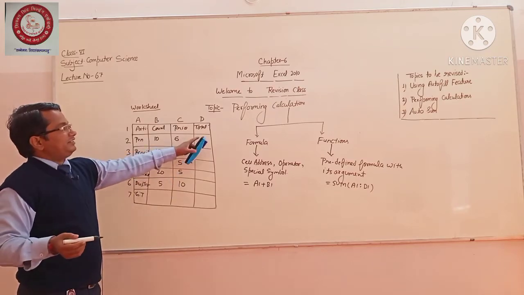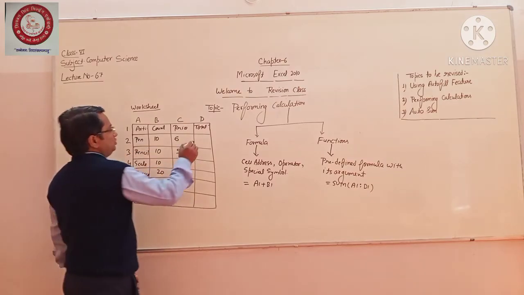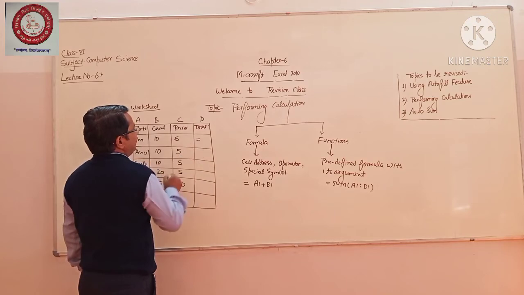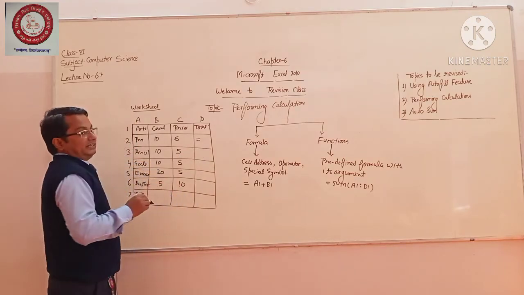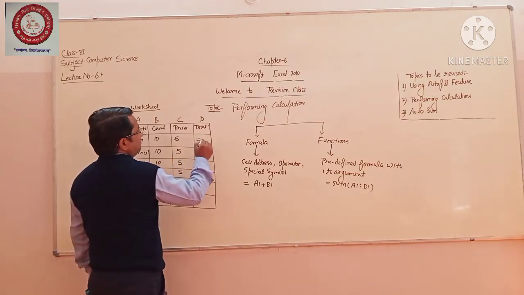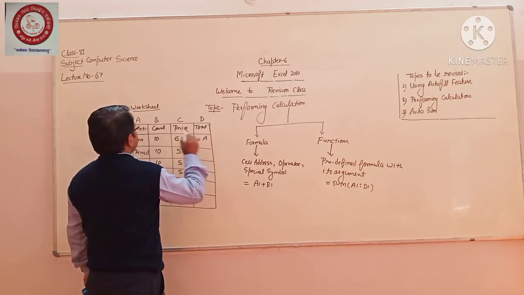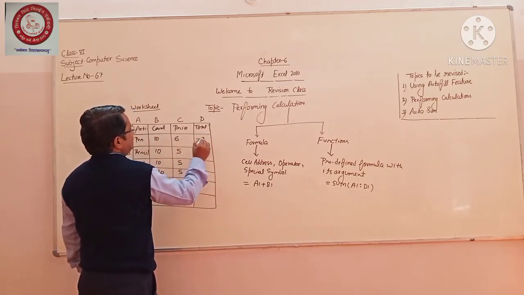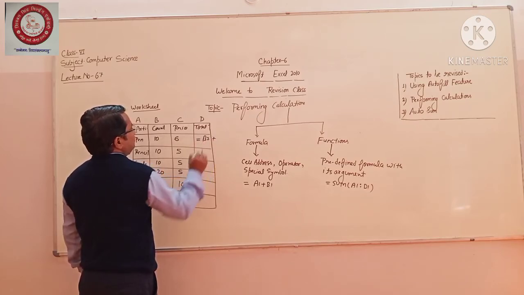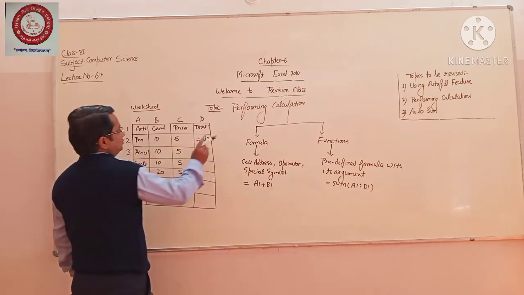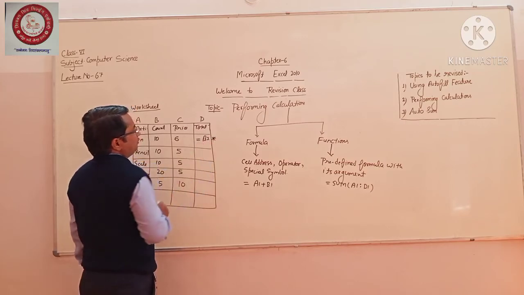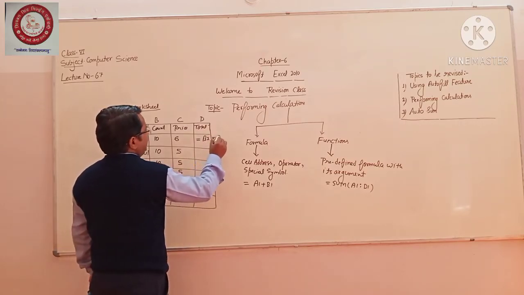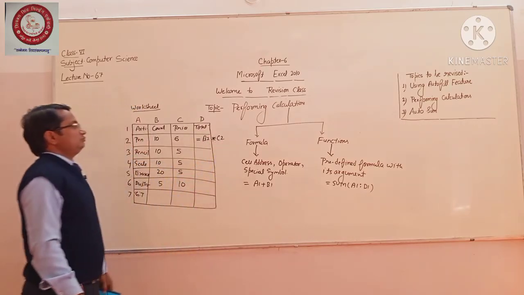So for understanding the calculation, you have to write the address of the particular cells. Suppose you write B2, and after that you write plus, okay, or you can write A2 and write here C2.